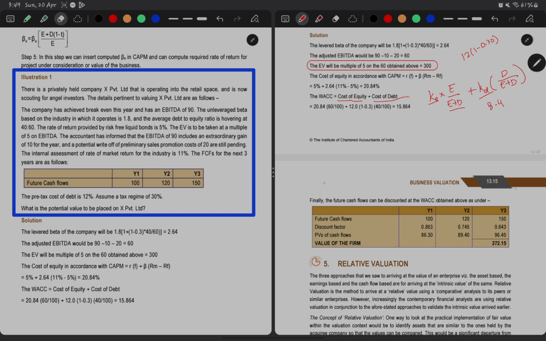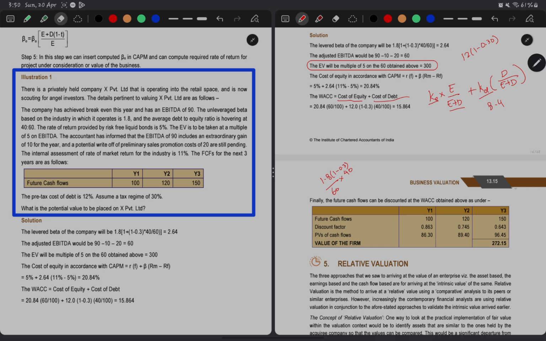As we know, this 1.8 unlevered beta is for the equity portion, so dividing it by 60 and then multiplying it by 40 will give us the debt portion. But as we know that tax rate is there, so tax adjustment also has to be done to the extent of 30 percentage.